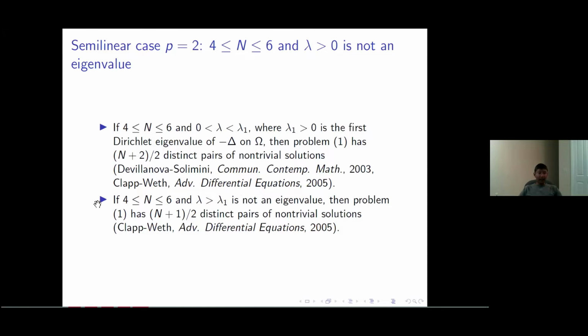And Clapp and Weth also proved that if lambda bigger than lambda 1 is not an eigenvalue, then this problem has n plus 1 over 2 distinct pairs of non-trivial solutions. So essentially these multiplicity results for n between 4 and 6 are due to Clapp and Weth.